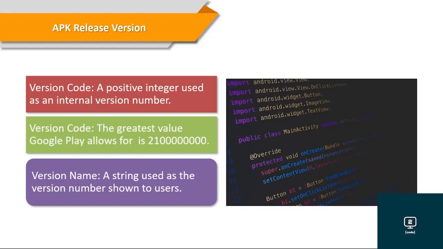So when the users see the update on their device, they will know that this is version 2.0, and then they can decide to update the application or not. In every update, you can define a new string for this value. This value is not important for Google Play. This is between you and the users. That's the difference. So why don't we go ahead to Android Studio and see how to make these changes.